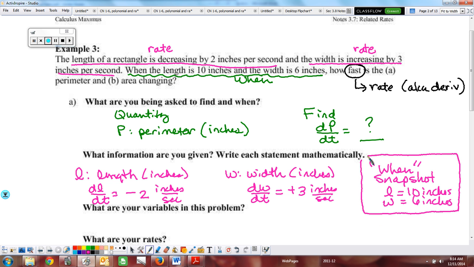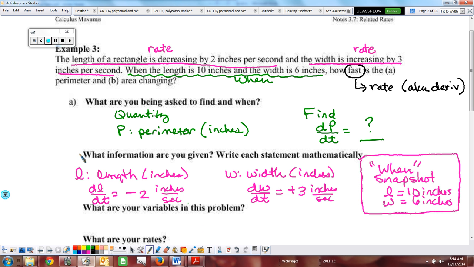Now, typically in a lot of these problems, you are going to want to draw a picture. And there is going to be the temptation when you start drawing your picture to put this when information on your picture. But this should not go on your picture because it will confuse you. What you want to look at is determining what are your variables in the problem.